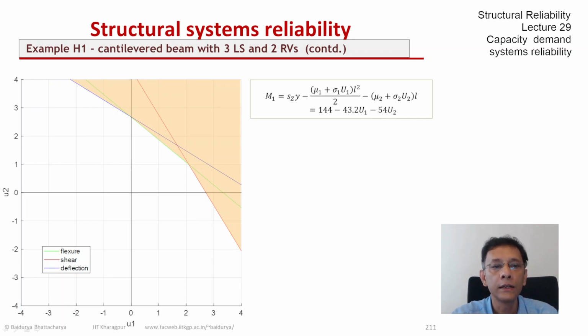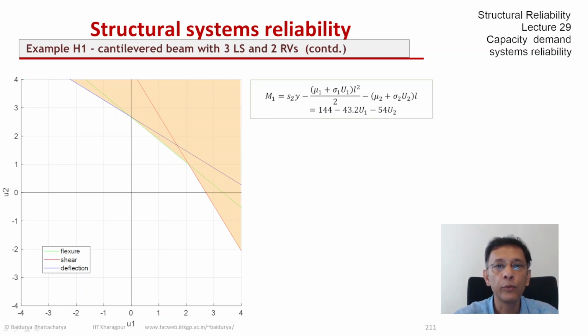So let's go through that step by step. The first one, M1, the safety margin corresponding to bending or flexure, as we showed in the first slide on this problem, is given in terms of P and W, and P and W are now expressed in terms of the corresponding values of U1 and U2.